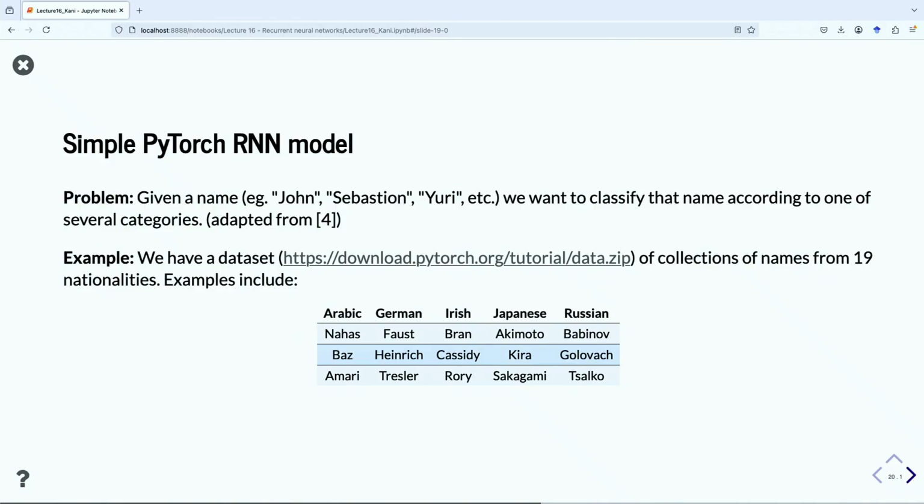You see the TS a lot with Russian names. You see names that end with O or A or I with Japanese names. You see a lot of Z's in Arabic names, those sorts of things, right? So we want to train the model to identify the nationality of each of these names based off the name itself, okay?